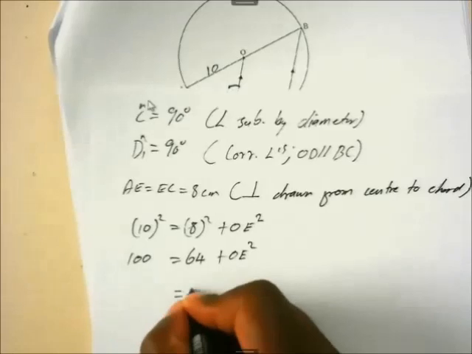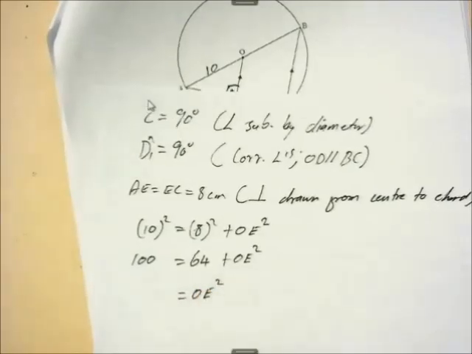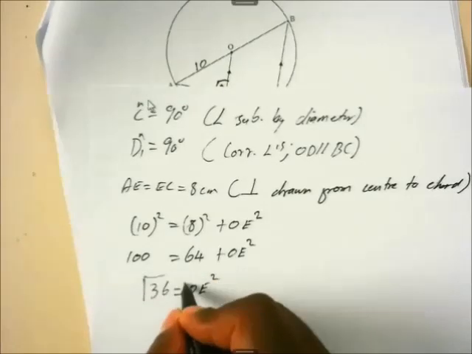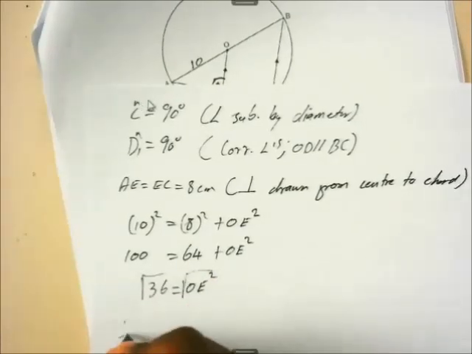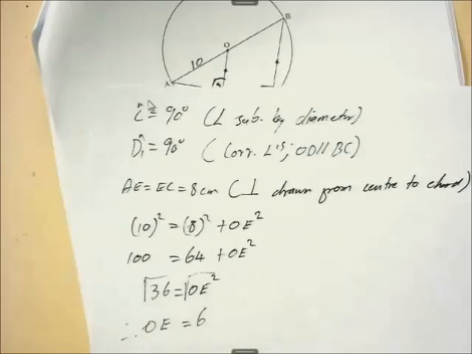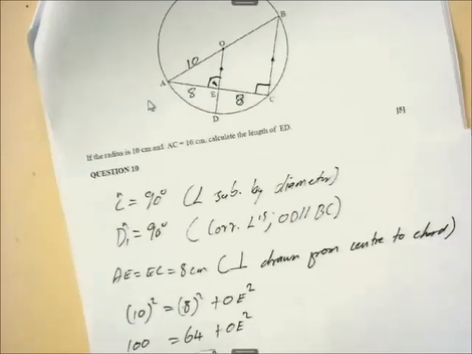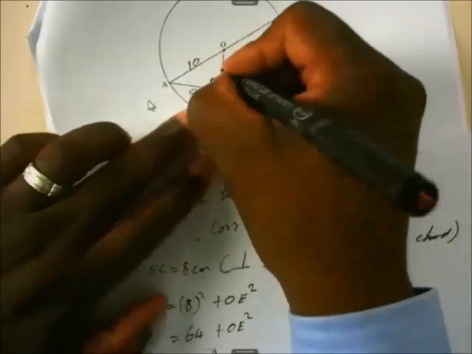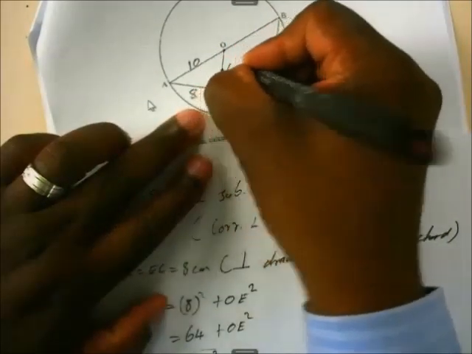You are left with OE squared on the right-hand side. 64 you transpose to the left, 100 minus 64, you're left with 36. Then you determine the square root both sides. Therefore, OE will then be equal to 6 centimeters. Here is OE.